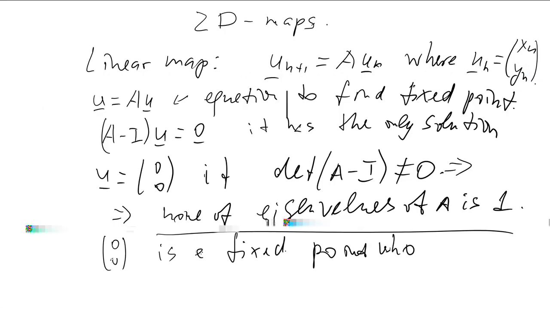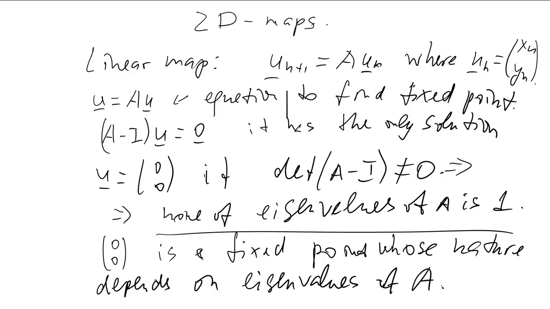whose nature depends on the eigenvalues of matrix A. And particularly, if lambda 1, 2, both of them are less than 1, then 0, 0 is a stable node.